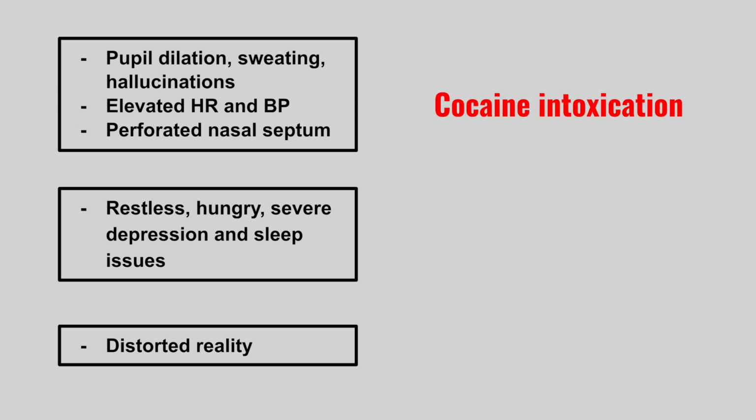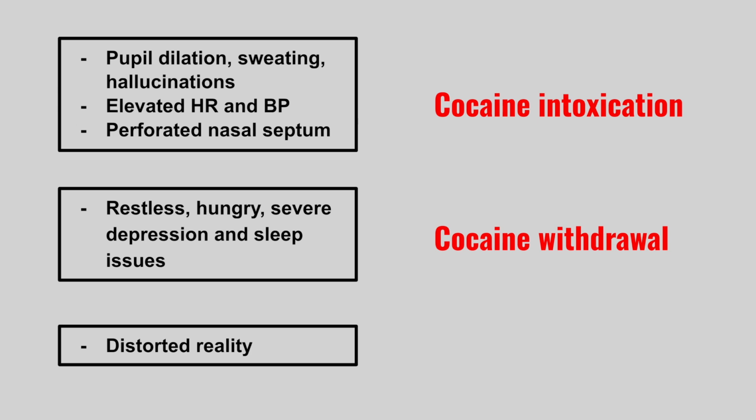This is cocaine intoxication. And remember, you can get the cocaine crawly, so you might even have tactile hallucinations in this one. Next, we have a patient who's restless, hungry, severely depressed, and has sleep issues. This is cocaine withdrawal, also called cocaine crash.